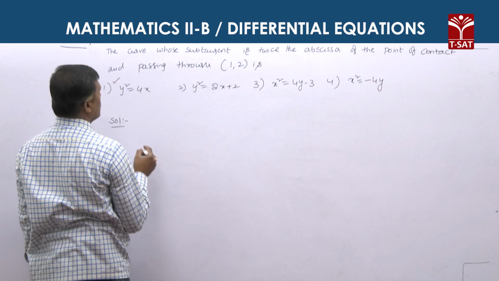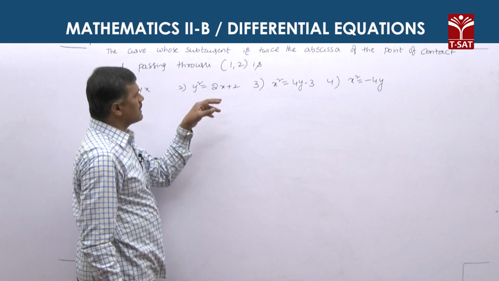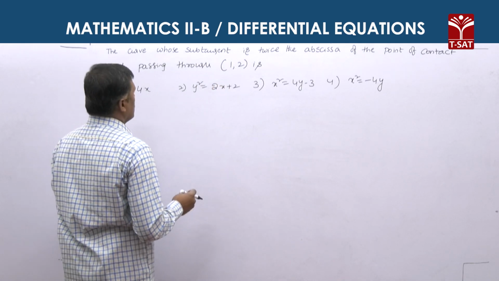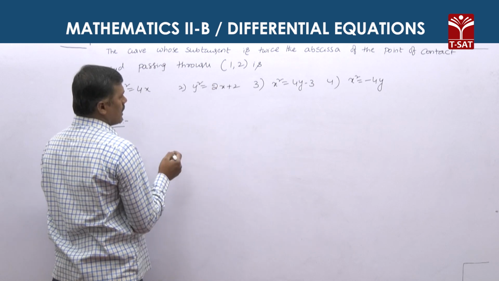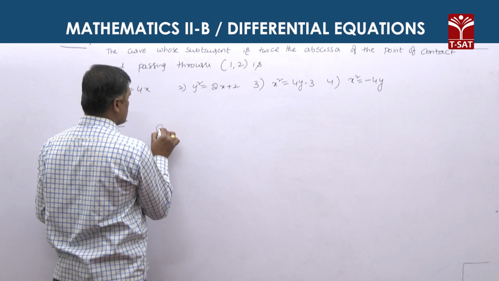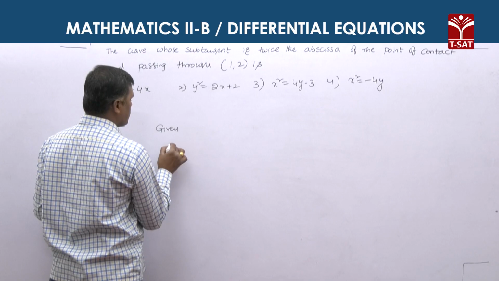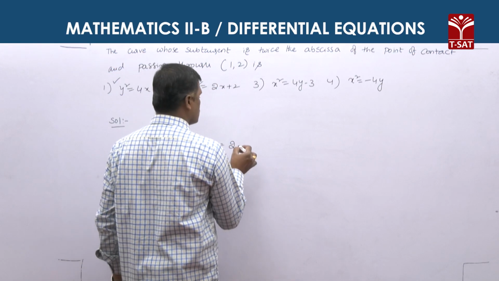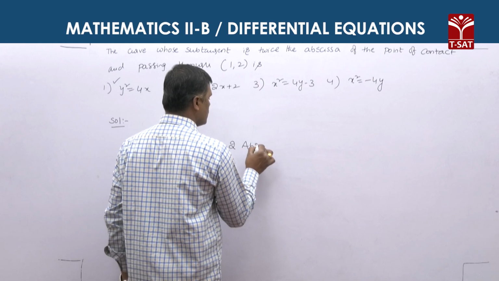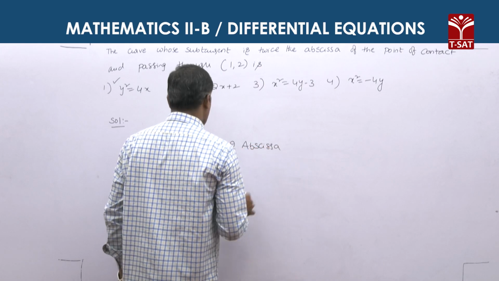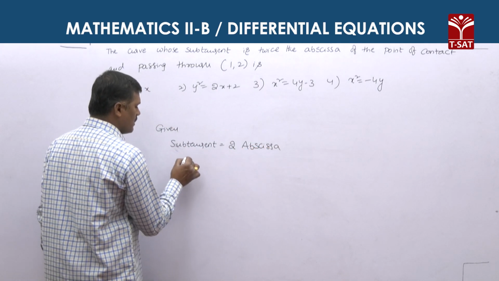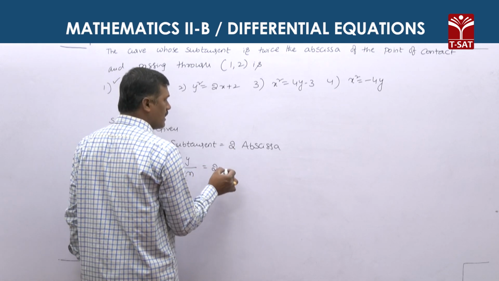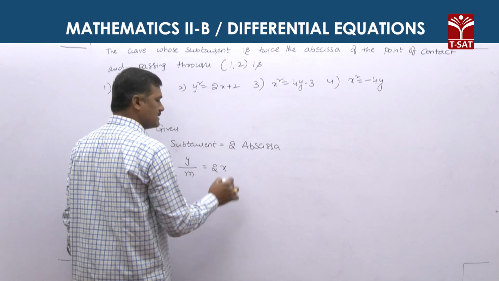Solution: the curve whose subtangent is twice the abscissa of the point of contact, passing through this point (1, 2) given. Subtangent is equal to twice the abscissa, 2 times the abscissa. Subtangent of the curve is y by m, is equal to 2 into the abscissa of that point of contact, which is x.